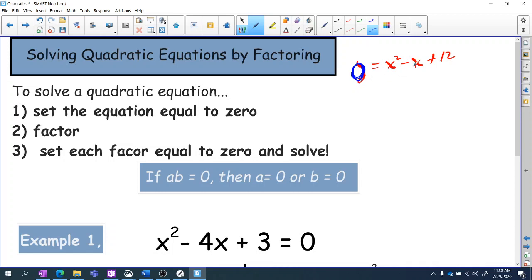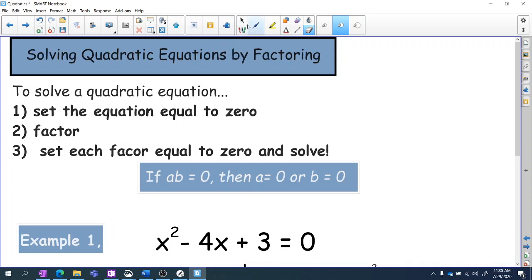We figure out what number could I put in here for x so that this would actually turn out to be equal to 0 or equal to 10 or equal to whatever the quadratic equation starts out as. Now, to do that, I'm going to show you a few strategies, but the first one is factoring, hence the review of factoring.